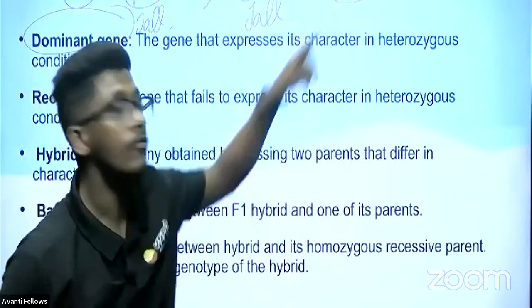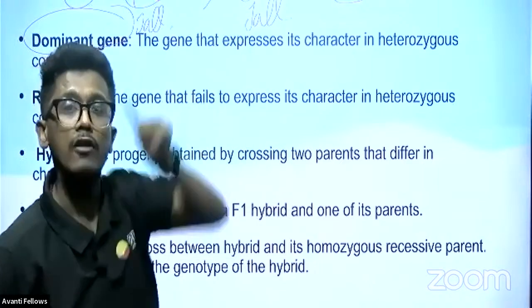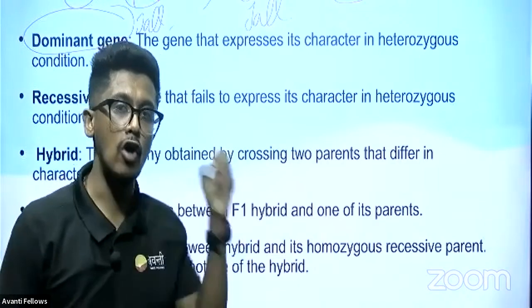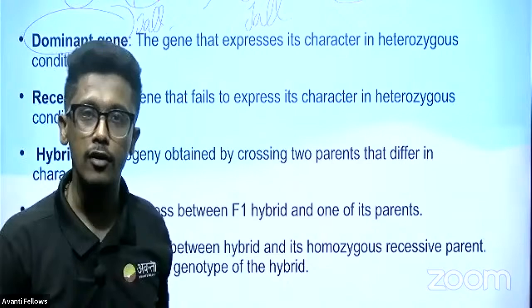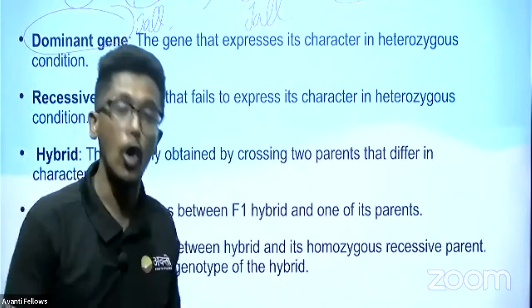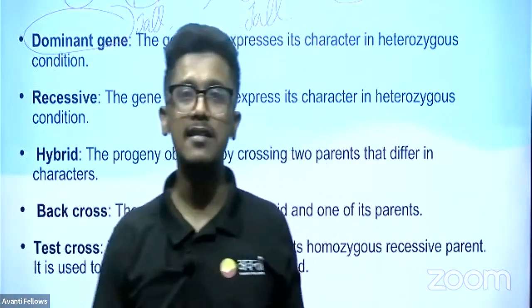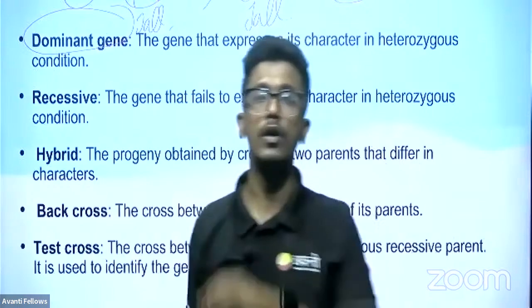Since the small t will not produce any protein at all, just having one functional capital T will compensate completely, just like your normal plant, capital T and capital T. That's how the characteristic of dominance works. Whenever the alleles are in heterozygous condition, one of the alleles will completely express over the other allele.